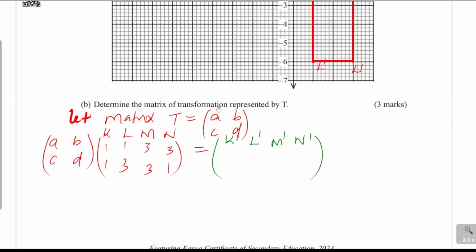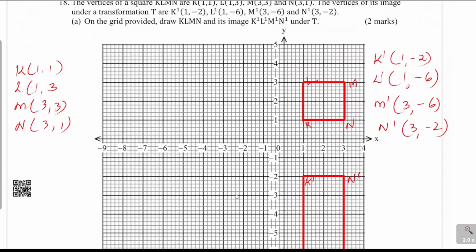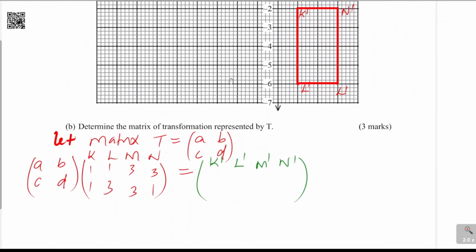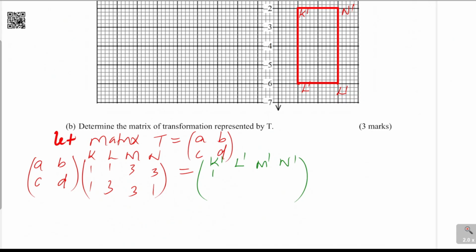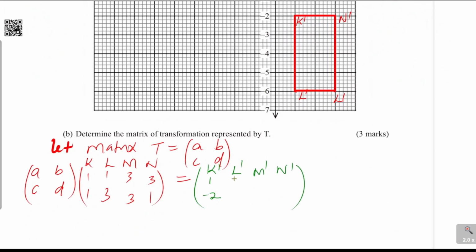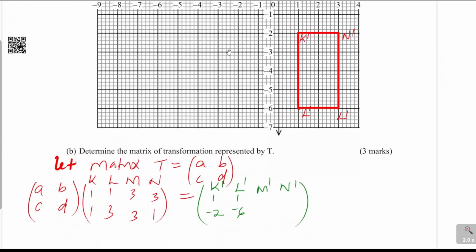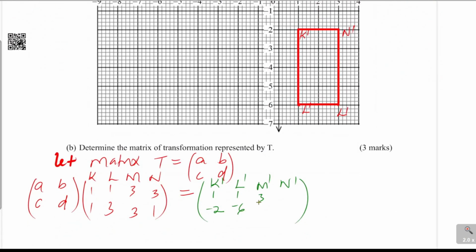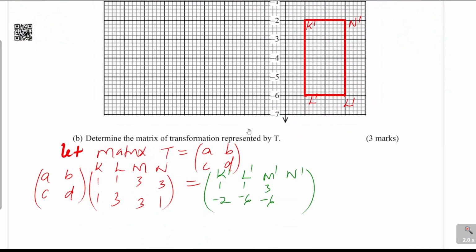We have them here. So you have 1, negative 2, and then L prime is 1, negative 6, M prime 3, negative 6, and N prime you have 3, negative 2.